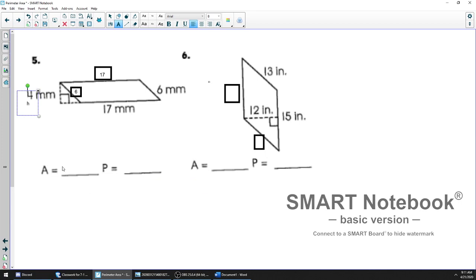So what are my two numbers I'm going to multiply? If you said 4 times 17, you are correct, because I'm taking my height and my base, the bottom. If I multiply them, 4 times 7 is 28, 4 times 1 is 4, so I would have 68.